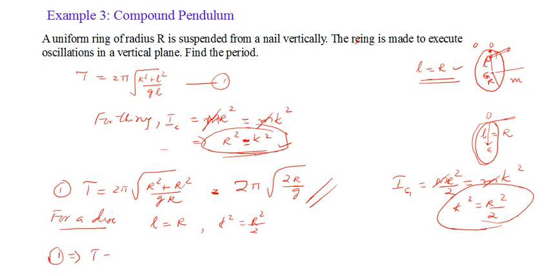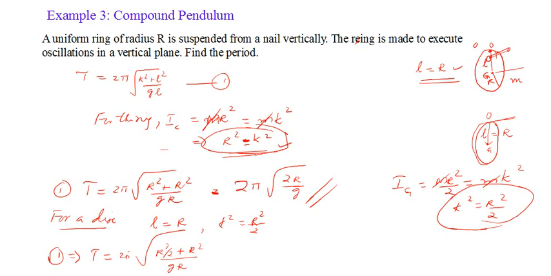It will give you T equal to 2 pi into root of r square plus k square, which is r square by 2, divided by g into l, where l is equal to r, so gr.